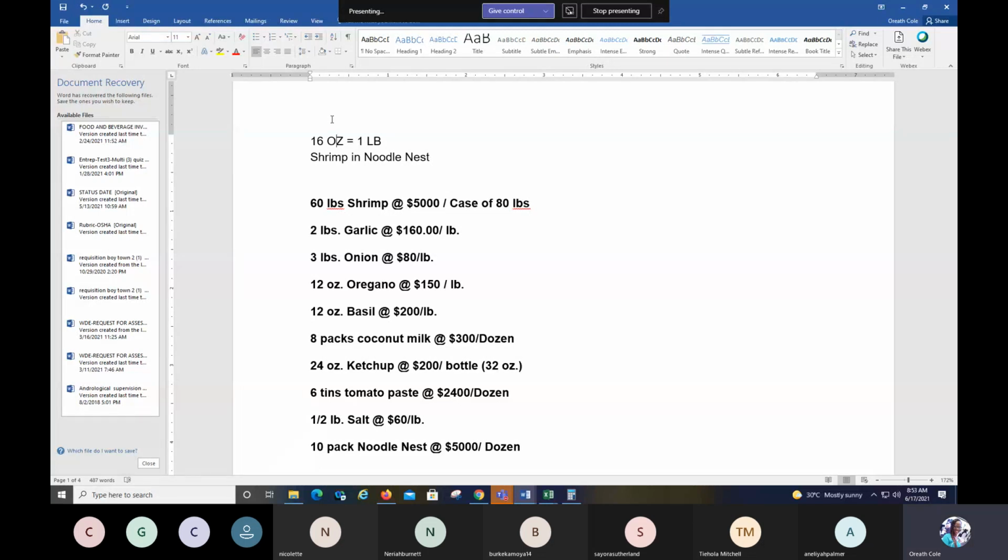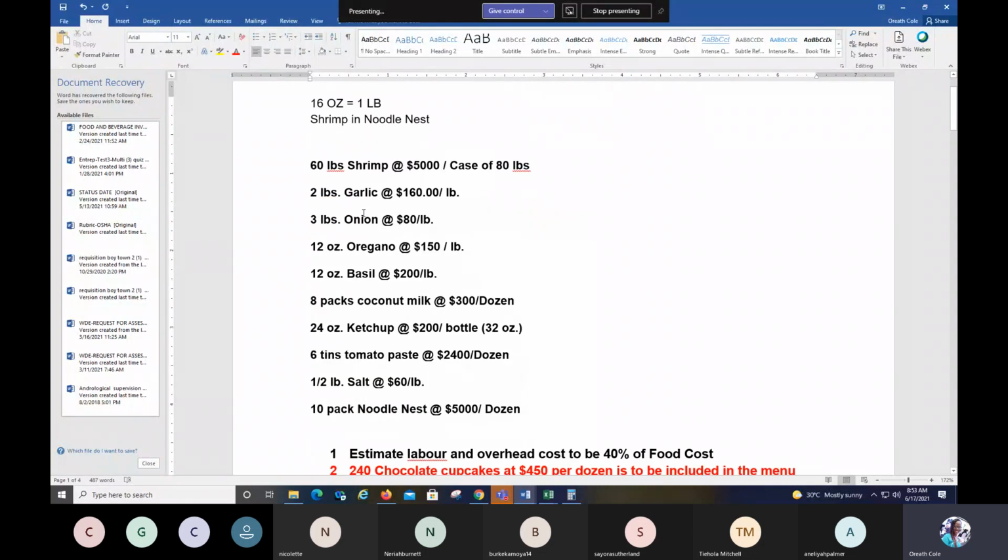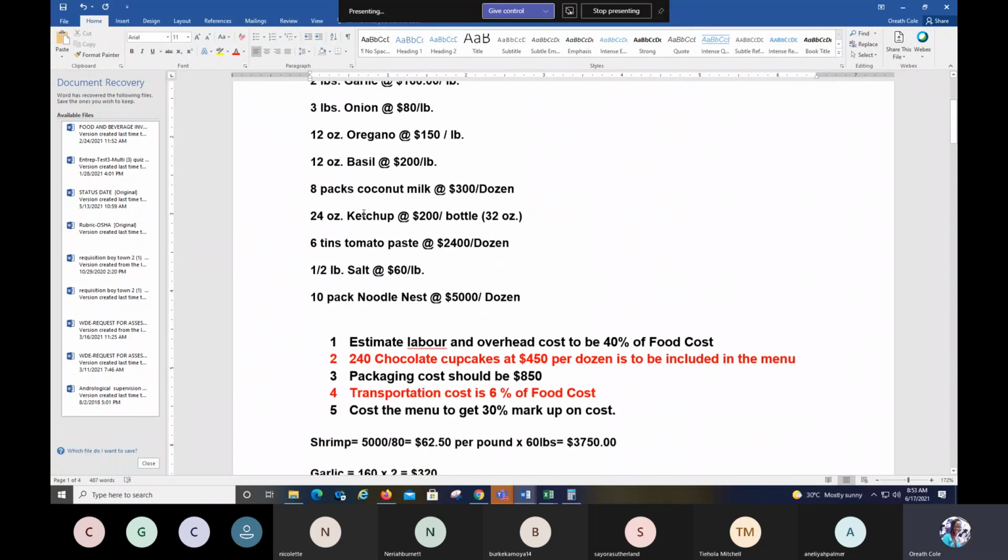Look at how you buy it and break it down to your recipe. Understand what I'm saying? Yes, Miss. So I know how to calculate these things.